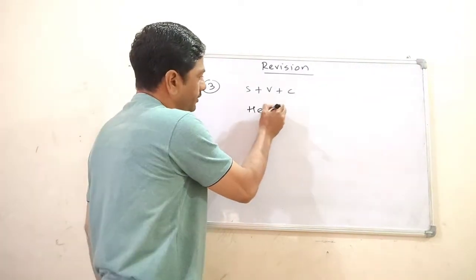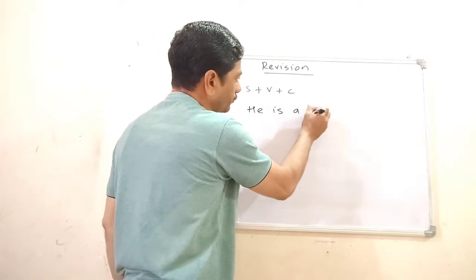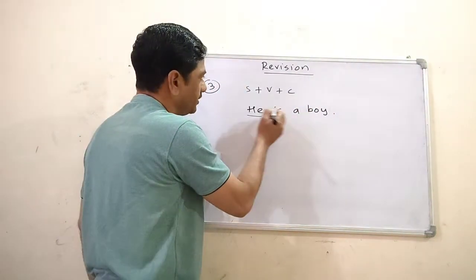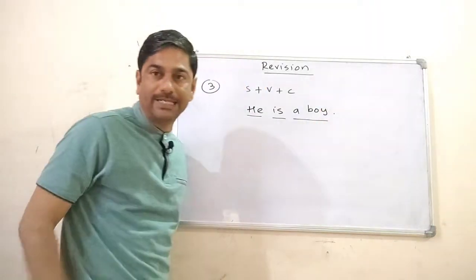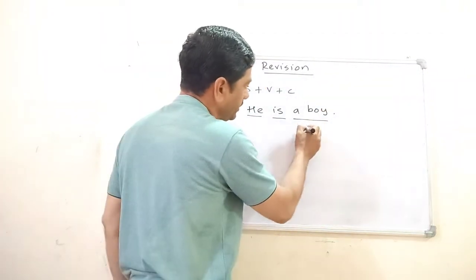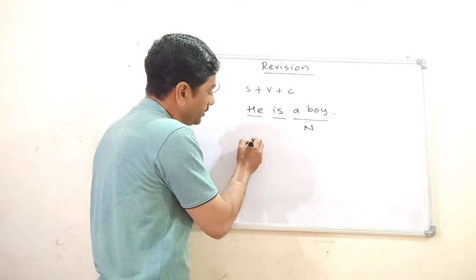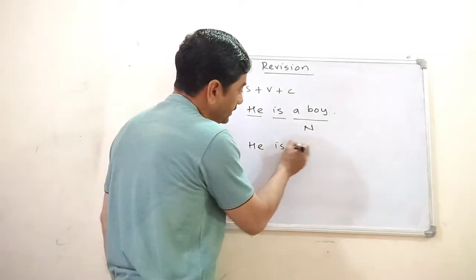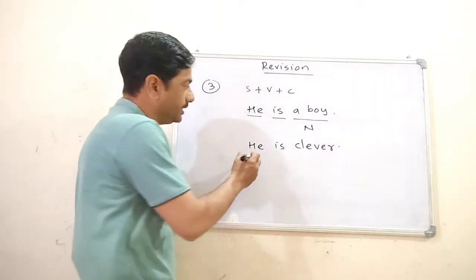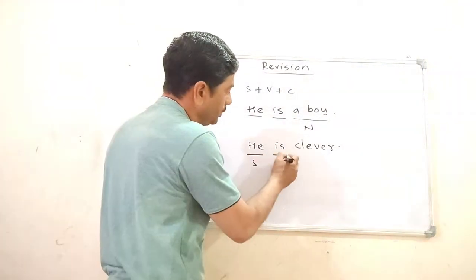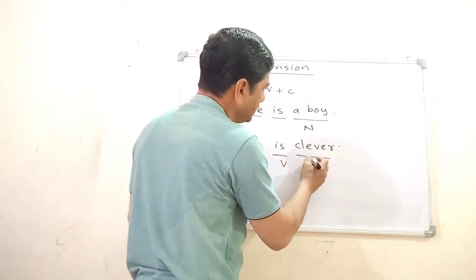He is a boy. In this sentence, he is subject, is is verb and a boy is a complement, and it is a noun. He is clever. Look at this sentence carefully. Here he is subject, is is verb and clever is complement.